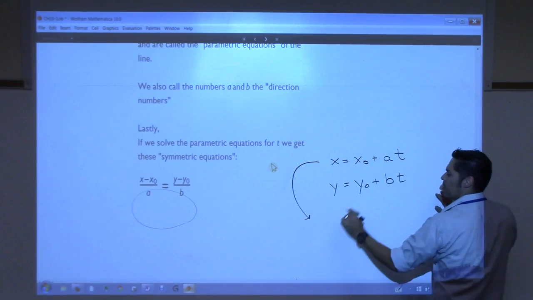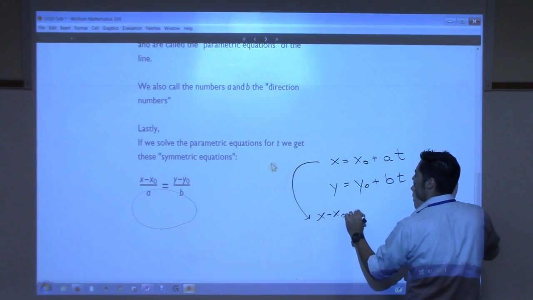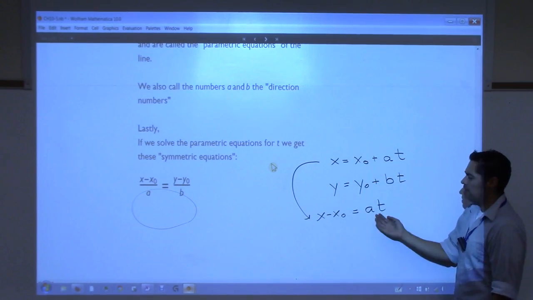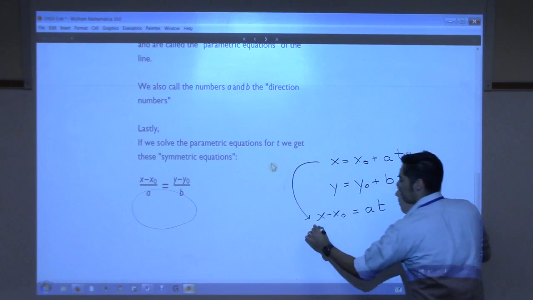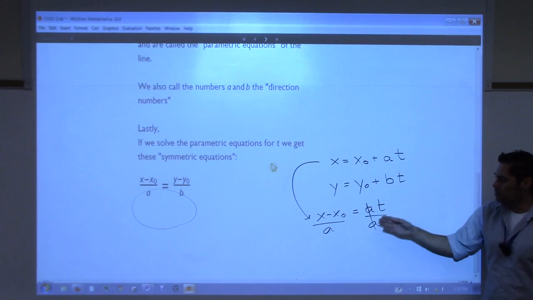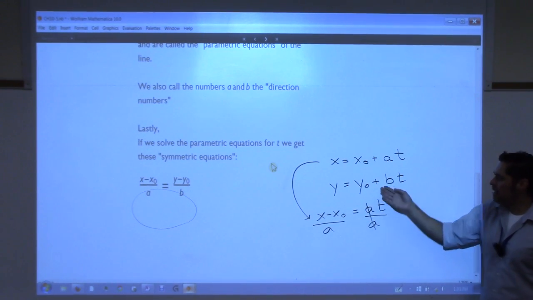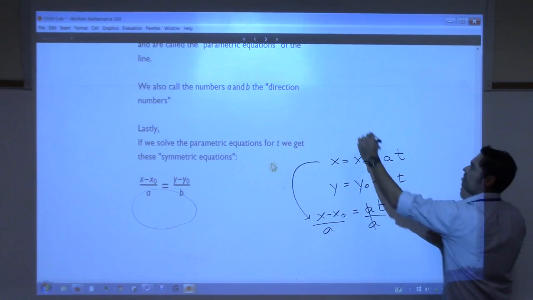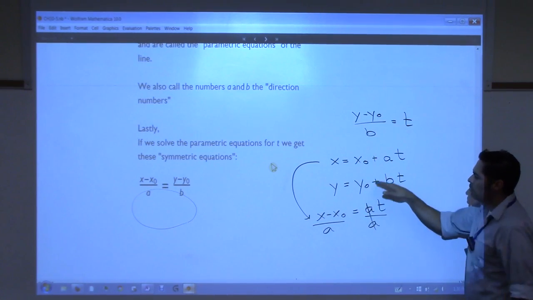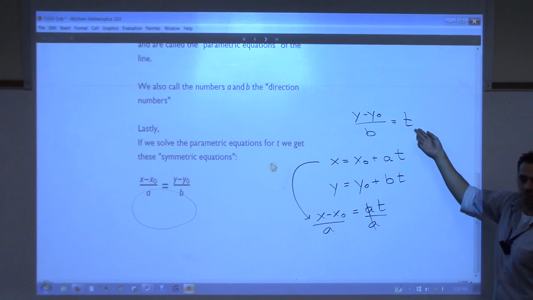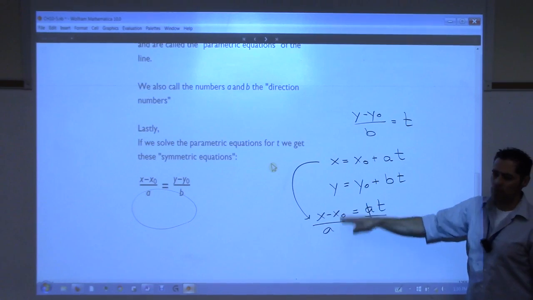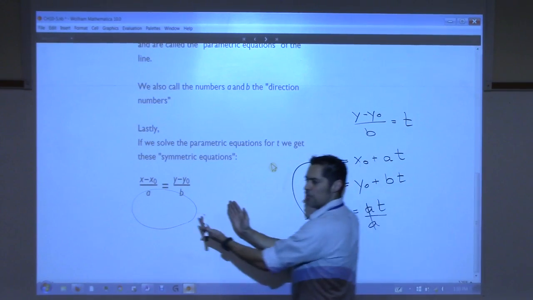How about I move the x naught to the other side, and then divide through by a. If I divide through by a, I get an equation for t. T is equal to this. If I do the same thing for this one, I'm going to get y minus y naught over b equals t. So same thing. Move the y naught over, divide by b, you would get this. Since this equals t and this equals t, they're equal to each other, aren't they? And that's where the symmetric equation comes from.